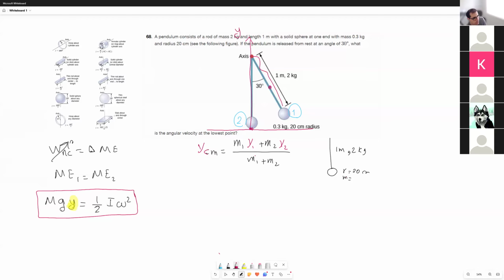Okay, so Eric is saying use this 2 by 1 plus 0.3 by 1.1 divided by 0.3, 2 plus 0.3.